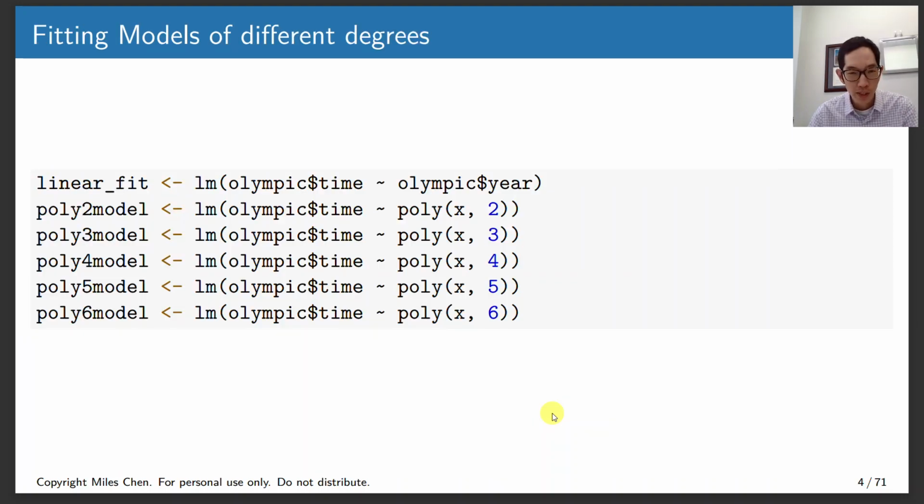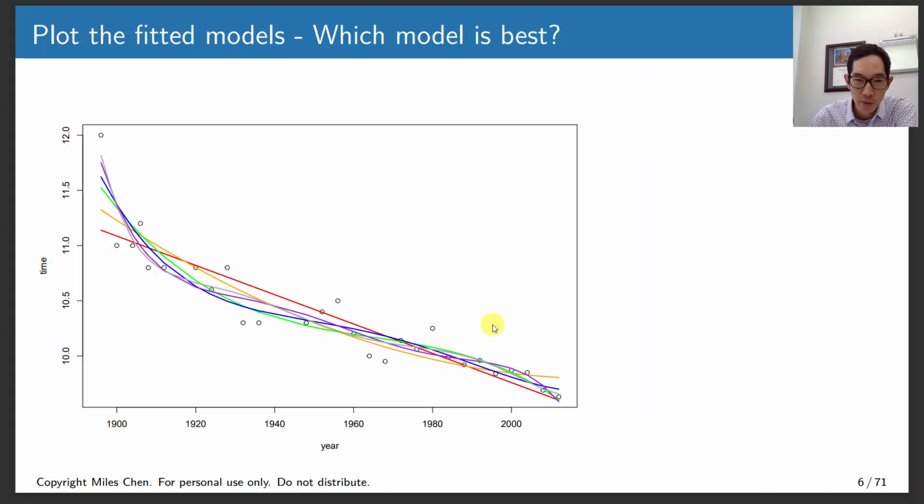And so we tried fitting a linear model, as well as quadratic, cubic, fourth order, fifth order, sixth order polynomial, and we plotted them, and this is what they looked like. And we want to be able to evaluate which of these models would be the one that is going to work out to be the best.